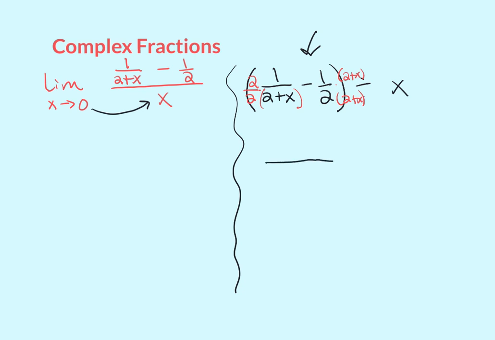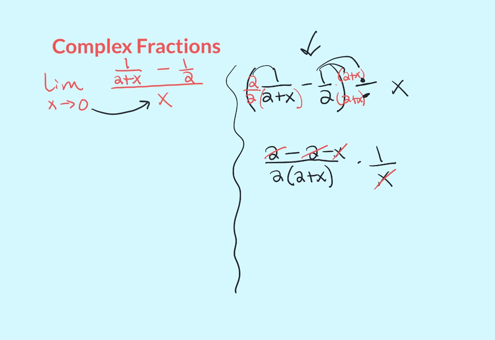So what I'm going to have is the denominator of 2 times 2 plus x, and then numerator 2, and then minus 2 minus x. And then instead of dividing by x, I'm going to multiply by 1 over x. So let's see what happens. 2 minus 2, and then x over x.